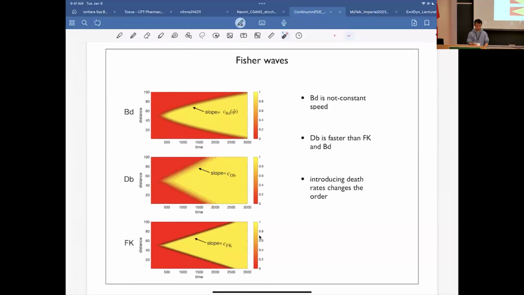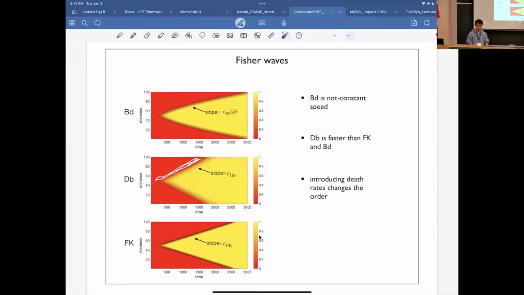These cone-type diagrams are space-time plots with 100 islands of size 100, so the total population is 10,000. I begin with a very small number of mutants in the middle island, island 50. This is time, and this is space. It takes this much time to fill up an island, which are these yellow regions, and then the mutants spread until they fill the whole space.